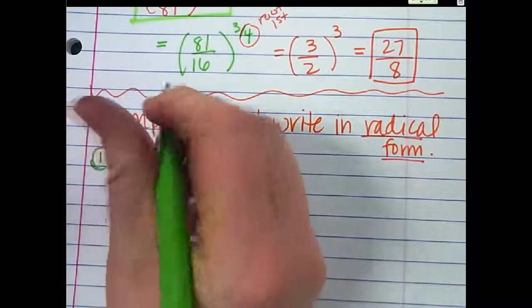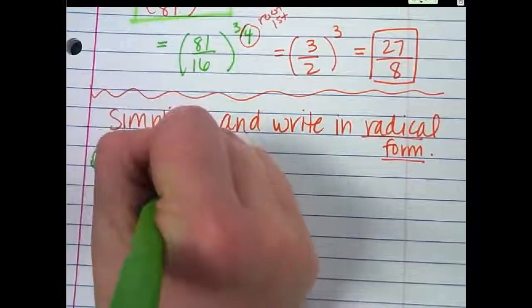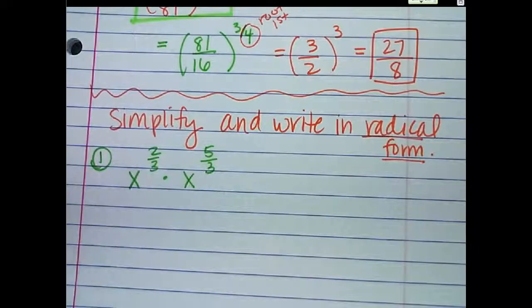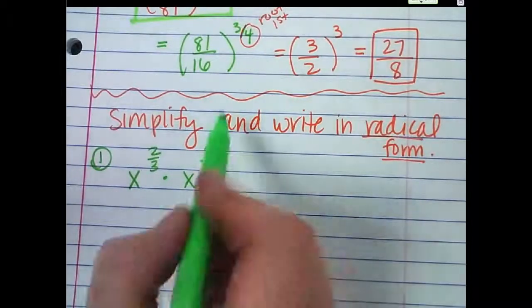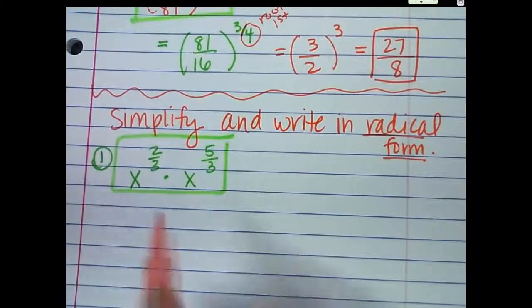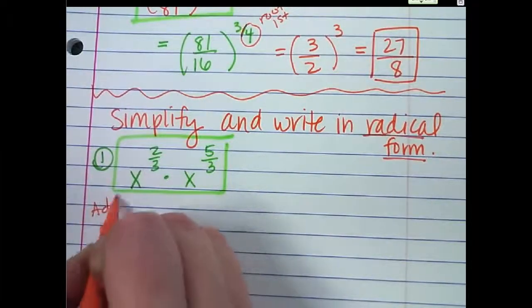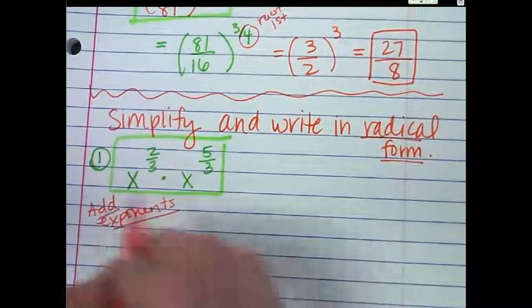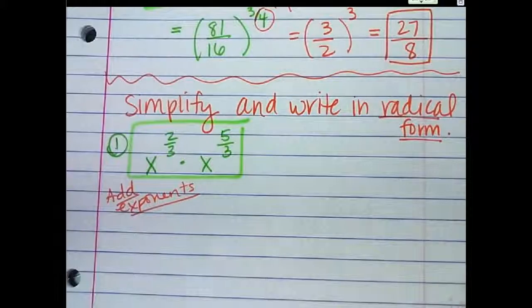So this first one: x to the 2/3 times x to the 5/3. When you add fractions, what do you have to do? Make sure they have a common denominator. So do they? Yeah, so just add them.